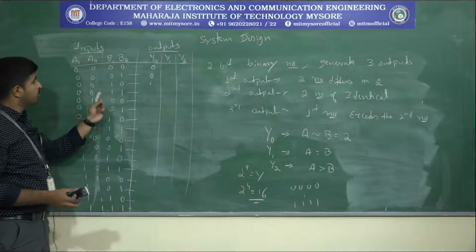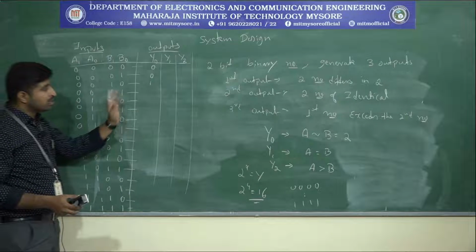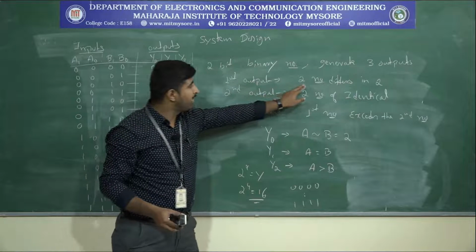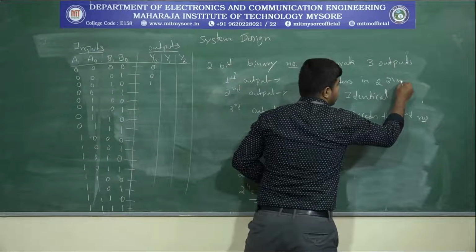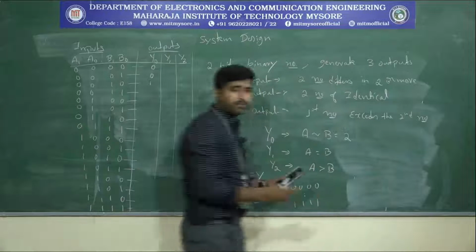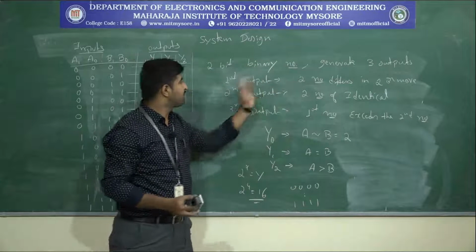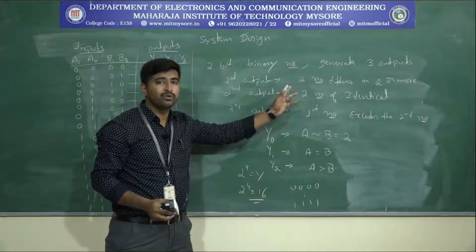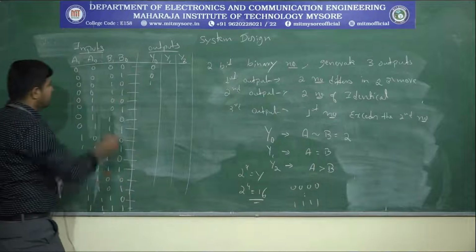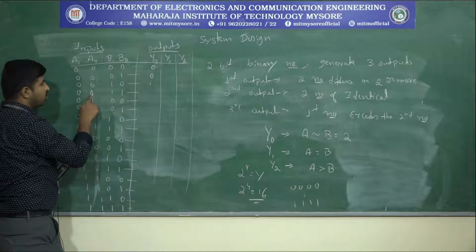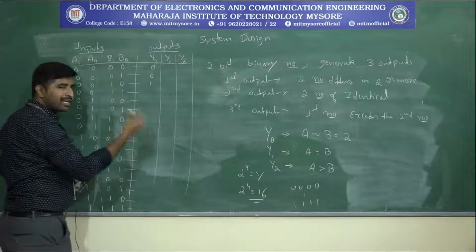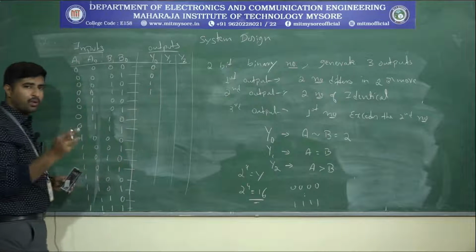Next 0, 3: the difference is 3. So this indicates that the first output is enabled when the two numbers differ by 2 or more. So 0, 2, the difference is 2, the output will be 1. 0, 3, the difference is more than 2, so again the output will be 1.